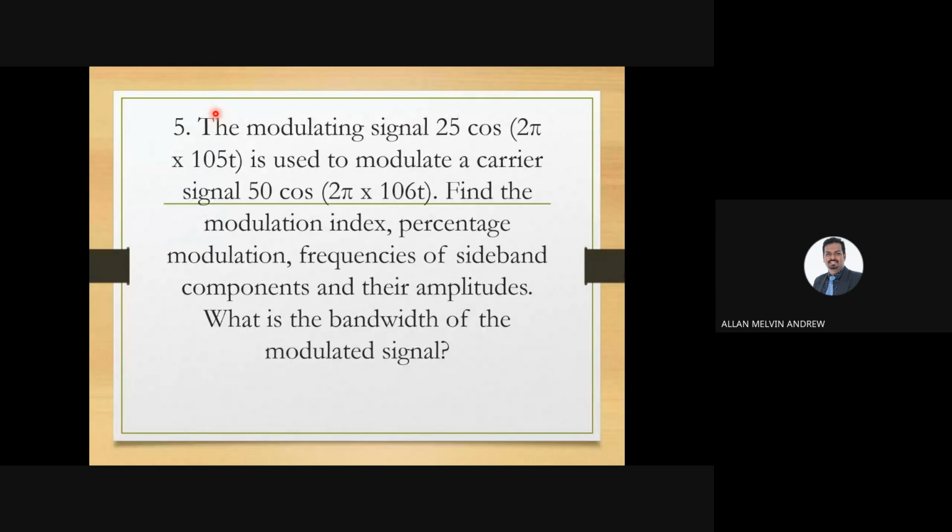Is it number 1, number 2, or number 3? 3 types of signal. Any answer? No answer? Not sure, sir. Okay, so modulating signal is actually referring to message signal.